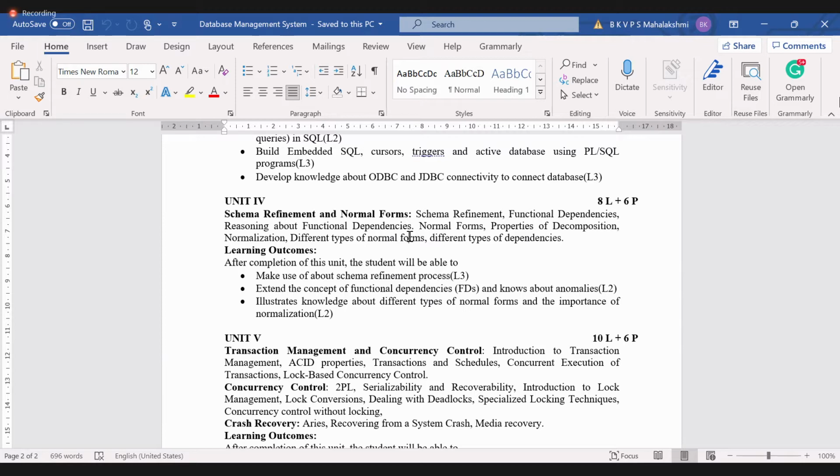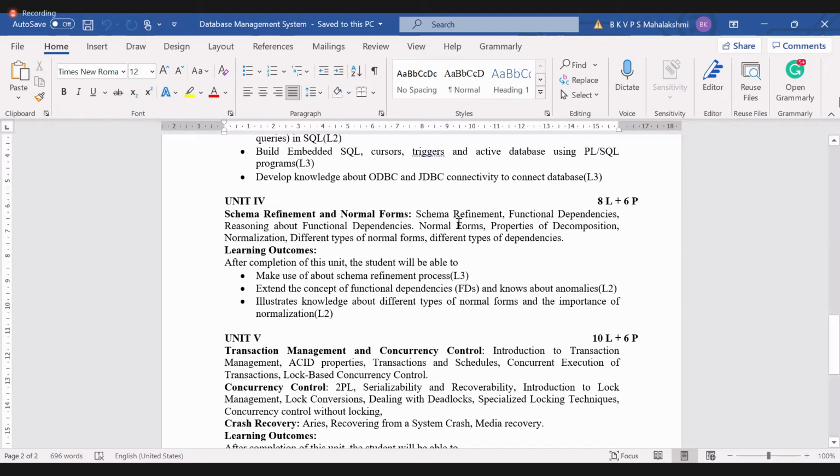The researchers, or scientists, divided the entire normalization procedure into some parts, and they kept the name normal form for each part. So that is called one normal form, two normal form, 3, 4, 5, like that. Using this procedure, they are avoiding redundancy.